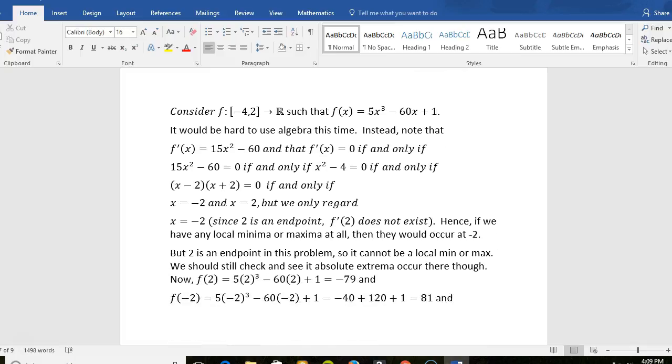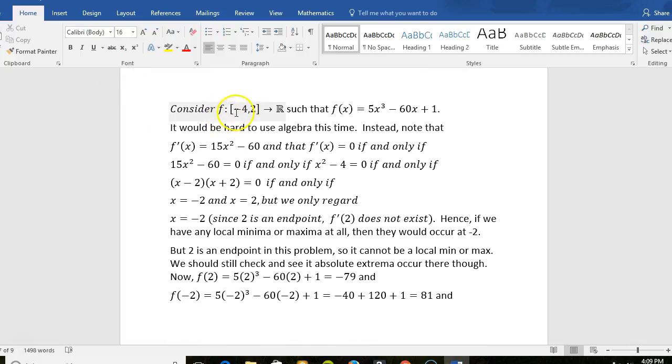Okay. And consider the function f from negative 4 to 2 into R such that f of x equals this function right here. Now this time we can't resort to algebra. It would be very hard anyway, to say the least. Instead, note that f prime equals 15x squared minus 60, and if we set that equal to 0, we divide everybody by 15, we get x squared minus 4 equals 0.